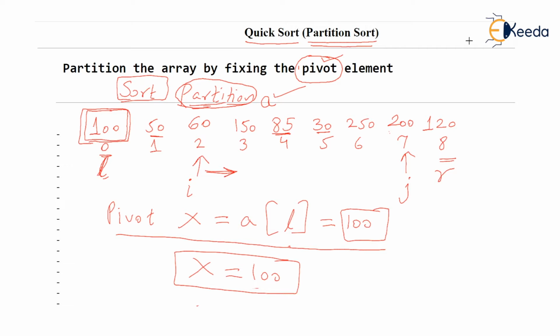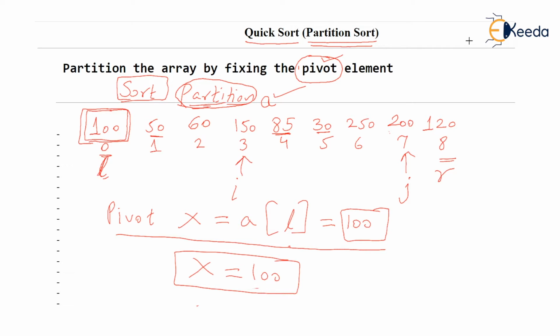Remember, from now onwards, I is always going to search for a value which is greater than the pivot, greater than 100. So it is obvious that I will stop at third place, because from the second place where it was, 3 is the place where we have a value greater than 100. So I has stopped.